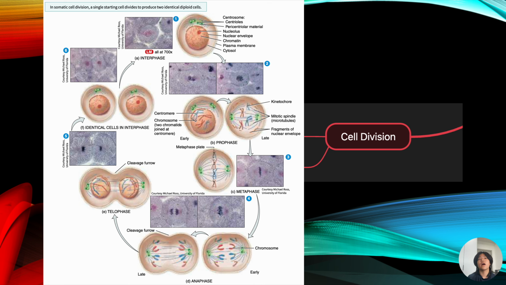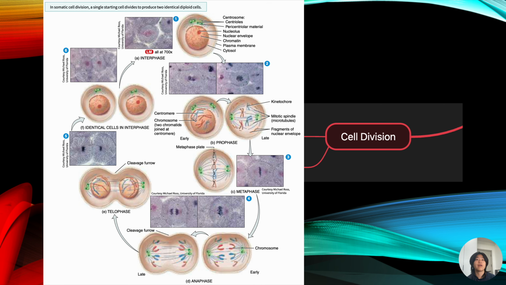What appears are spindle fibers, which are microtubules from the centrosomes, and then chromosomes also appear. The chromosomes condense into our X-shaped form, and they are already replicated. The X shape, as we mentioned, has two identical sister chromatids, so there are two copies of the same genetic information, and each daughter cell gets one copy.